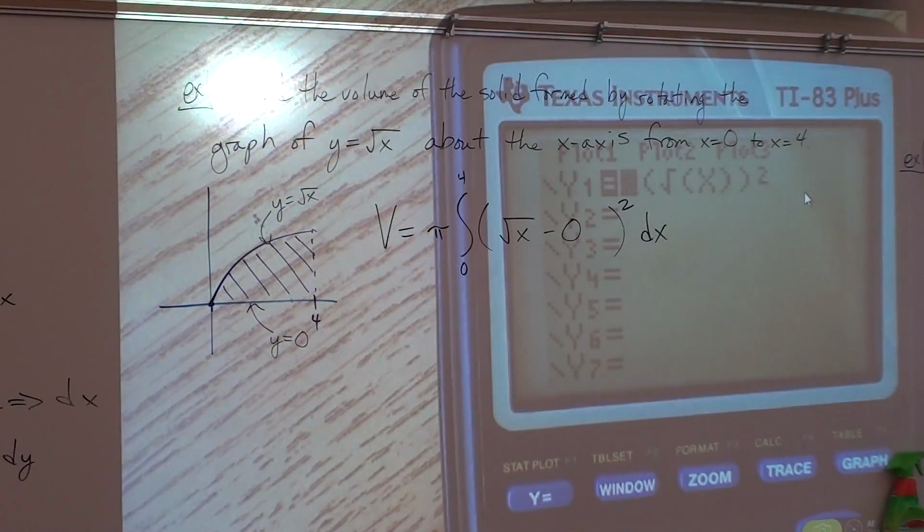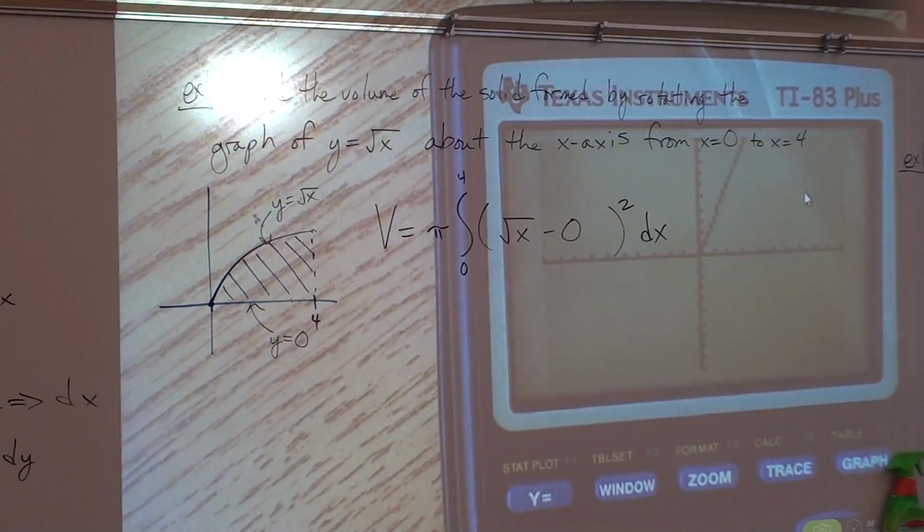Then you graph it and integrate it. Everyone got it? If you don't know how to graph, the easiest way to get your window set is to just do Zoom 6, and that'll set it to a standard window.